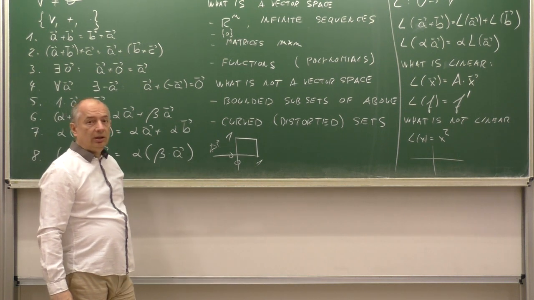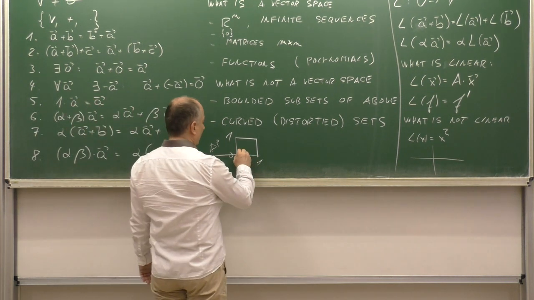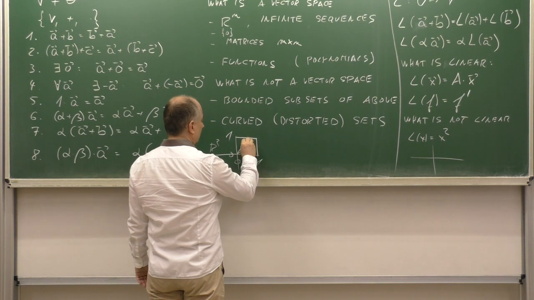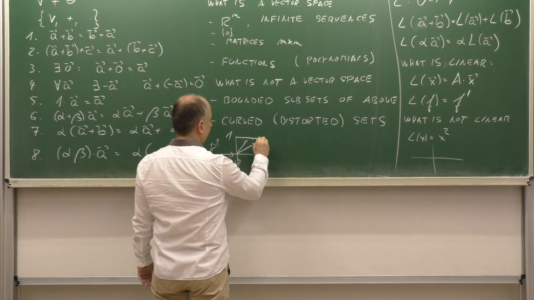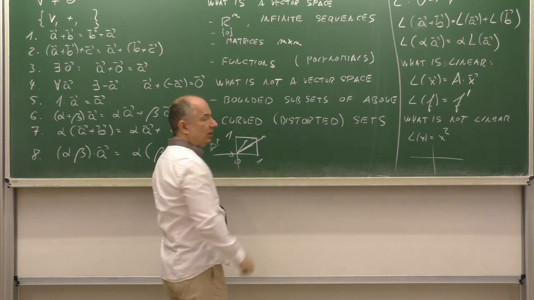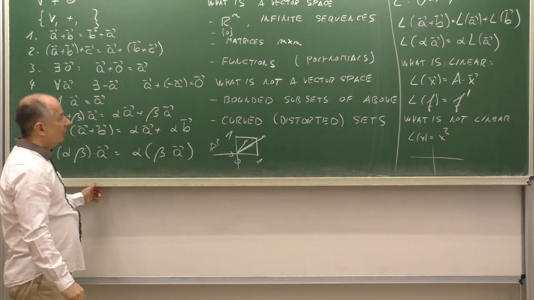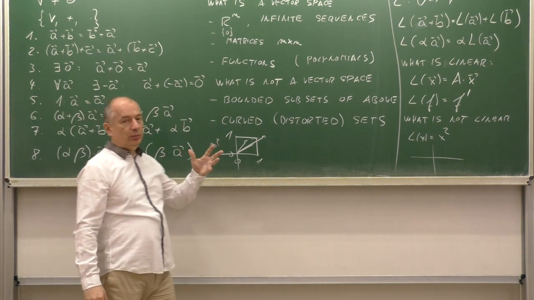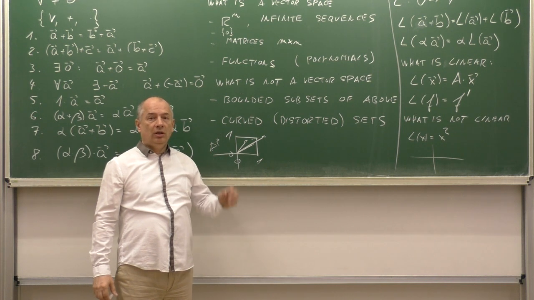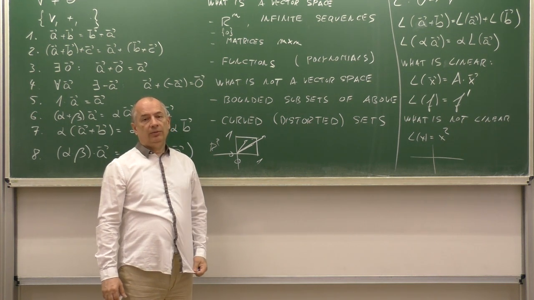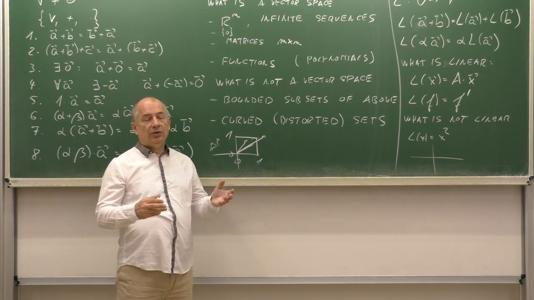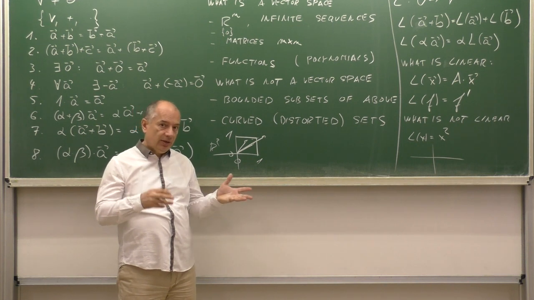This is not a linear vector space, because if you take these two vectors, then you fall out. And we want the addition to be defined for all A and B in the set. Defined means the result is again in the set.